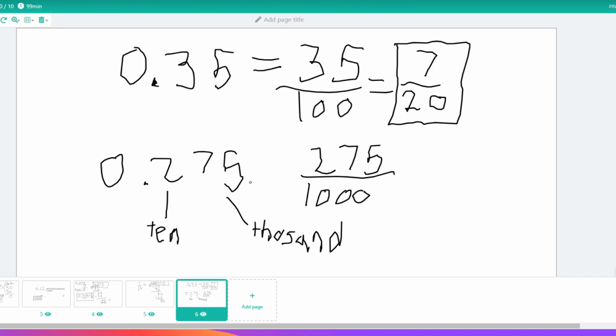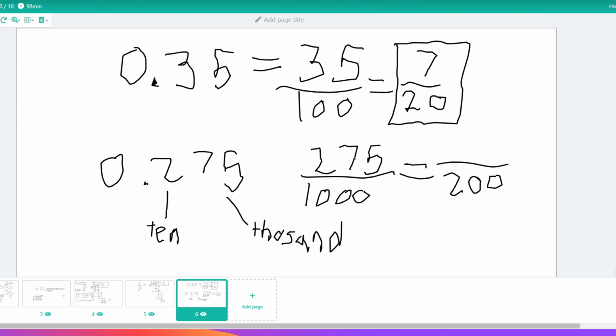And this looks a little bit complicated, but just start reducing and you'll get the right answer. So 5 goes into 1,000. Well, if you remember, 5 goes into 100 20 times, so 5 must go into 1,000 200 times. It's just simple little tricks like that, knowing how to do math simple. And 5 goes into 275, well, 5 goes into 200 40 times, so that's 200, 40 plus what?